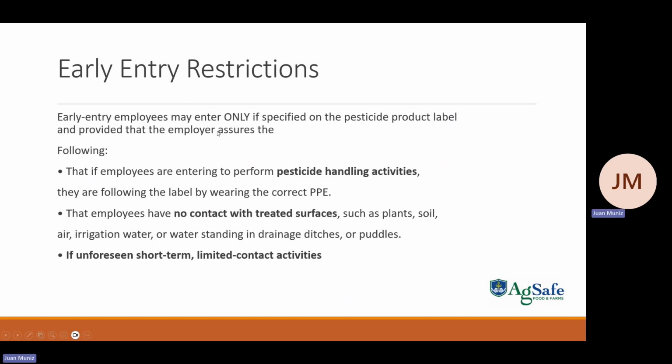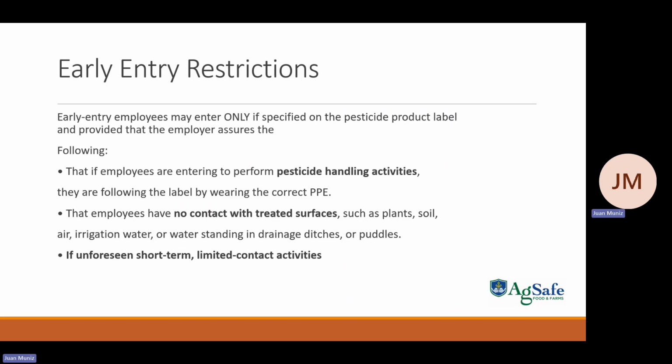Early entry employees may enter only if specified on the label, and if the employer assures that the employees are entering to perform pesticide handling activities. So that means that the pesticide handlers or applicators are performing something related to that application. They are always allowed to go in there as long as they're using the proper protection.